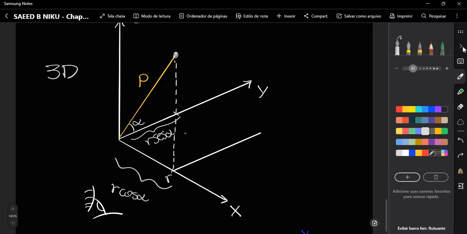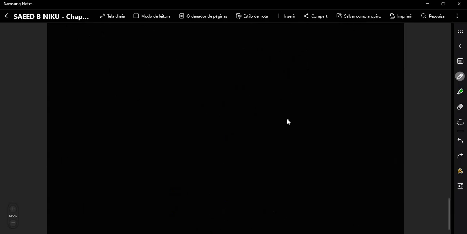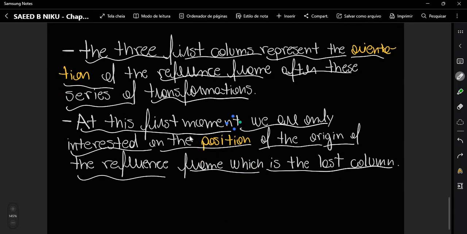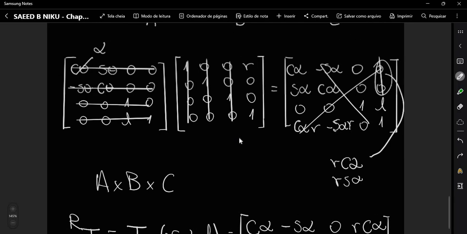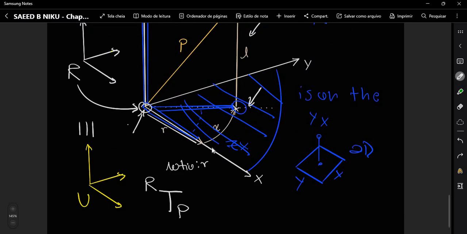Okay, so let's see. We are doing a transformation of rotation right here. But this point can cross the R value.